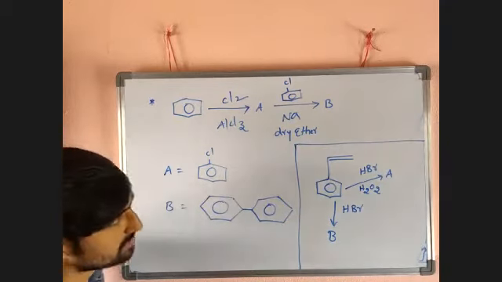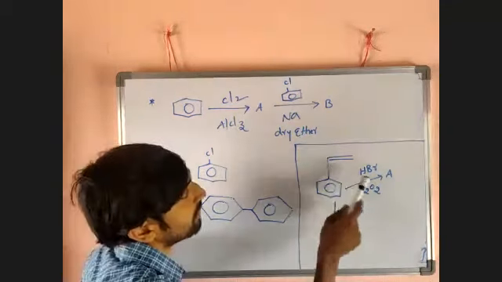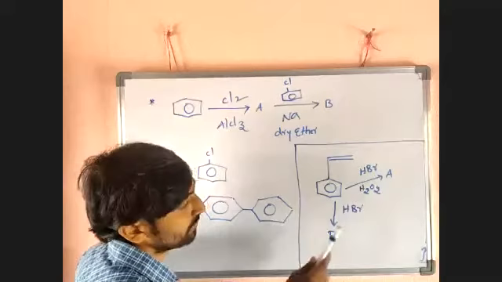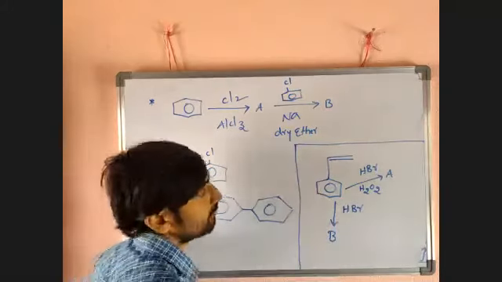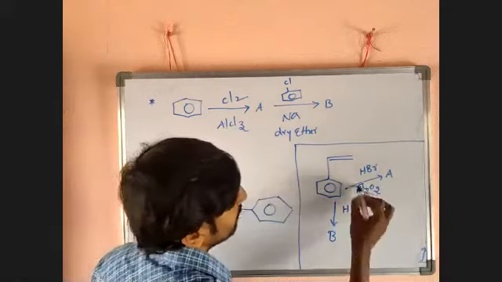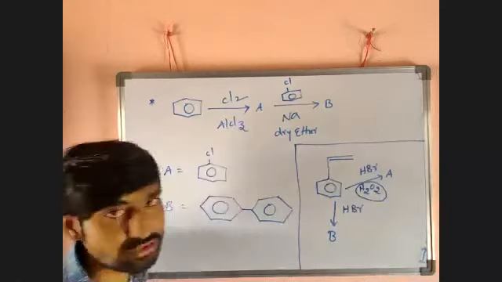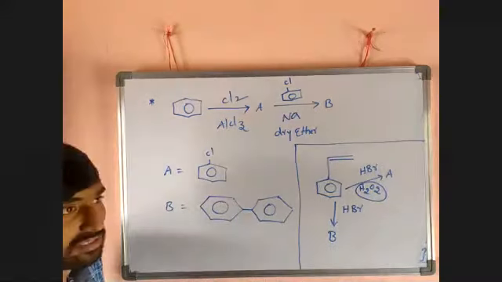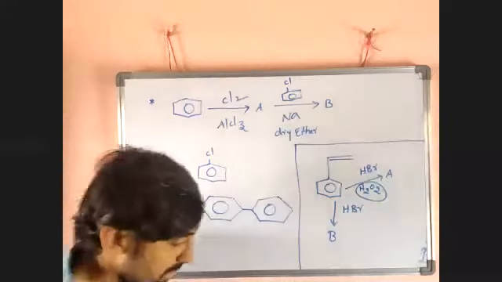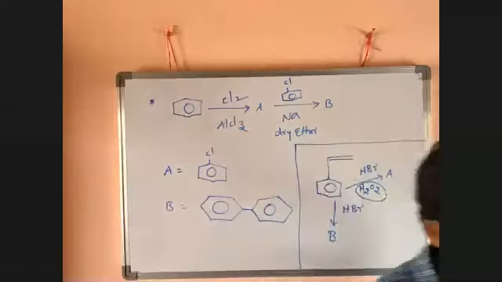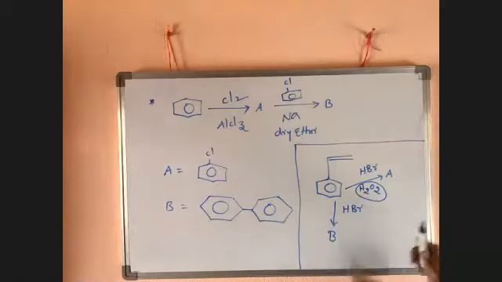Next, look here. What's happened? There is a double bond. How to add HBr? Both cases HBr. But here what? H2O2. H2O2 means hydrogen peroxide. Now, I think one point strikes your mind. I told you, you must add hydrogen to carbon with more number of hydrogens.